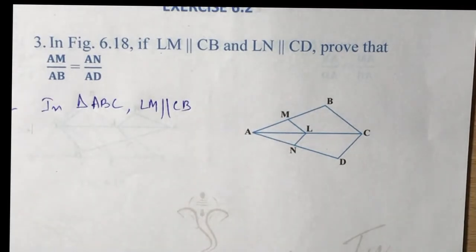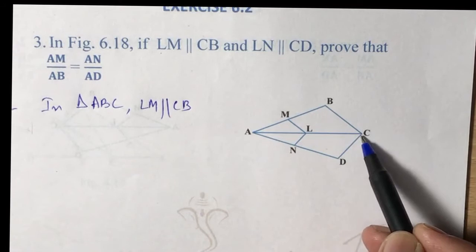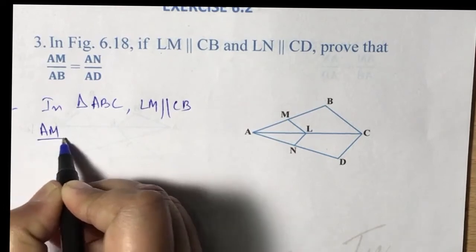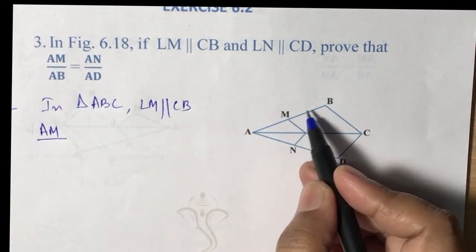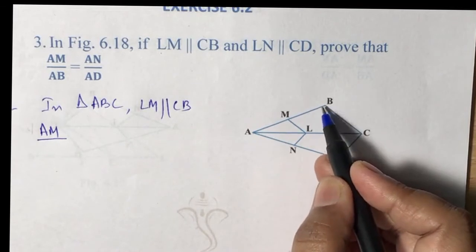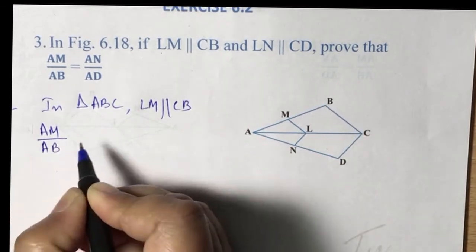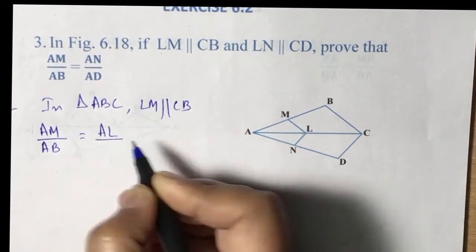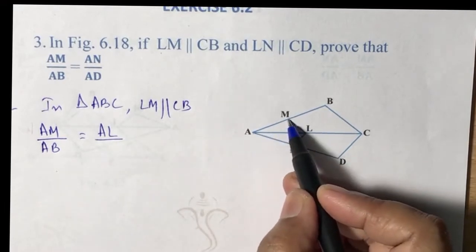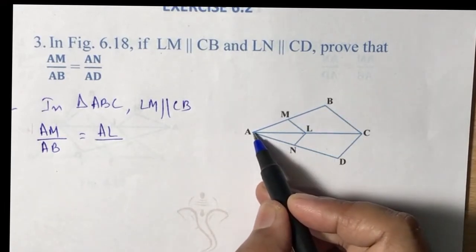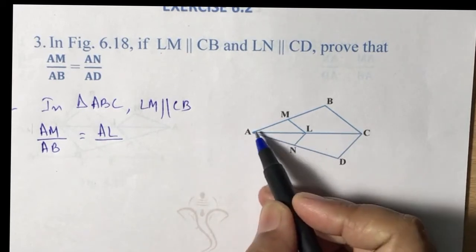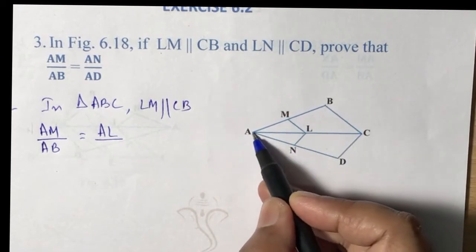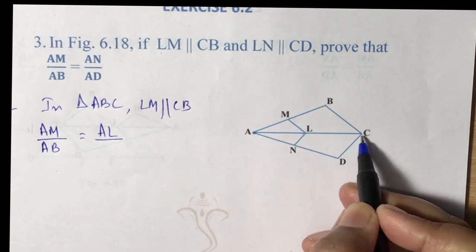If LM is parallel to CP, I can write AM by AB. See, if I would have written AM by MB, then here I would write AL by LC. But what I have written, AM by AB will be equal to AL by AC.